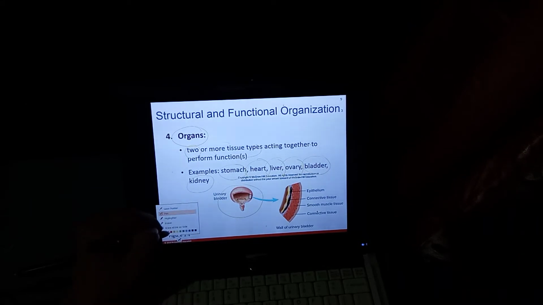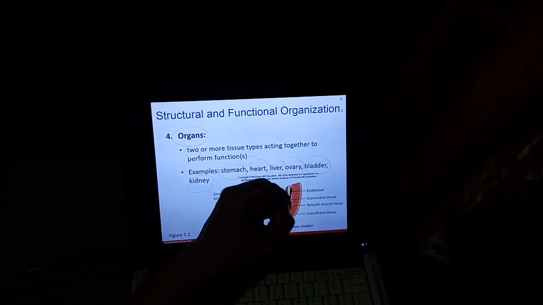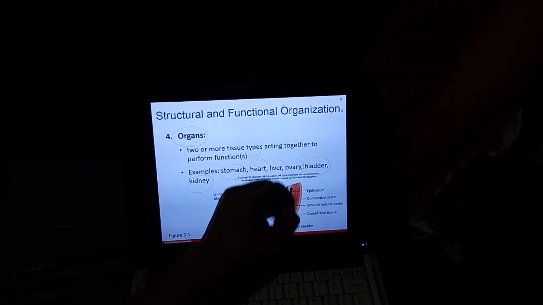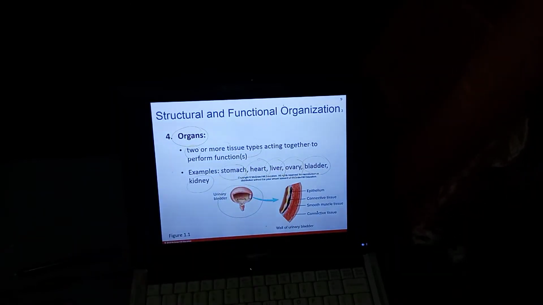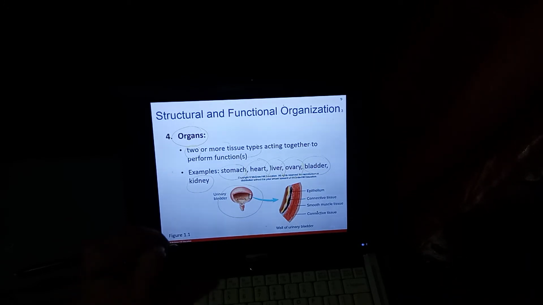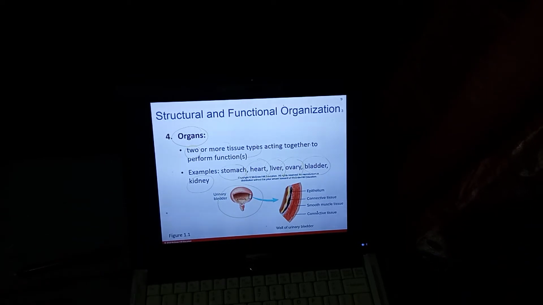And this specific part, you can see it, guys, is your smooth muscle tissue. We will discuss them later. This is just an overview of our discussion.